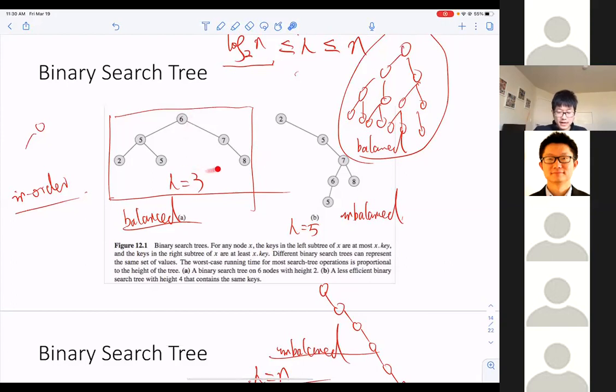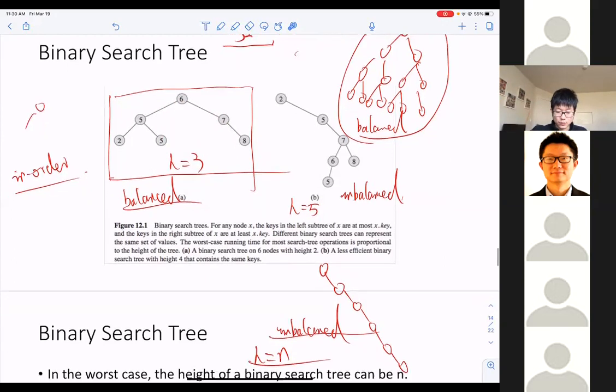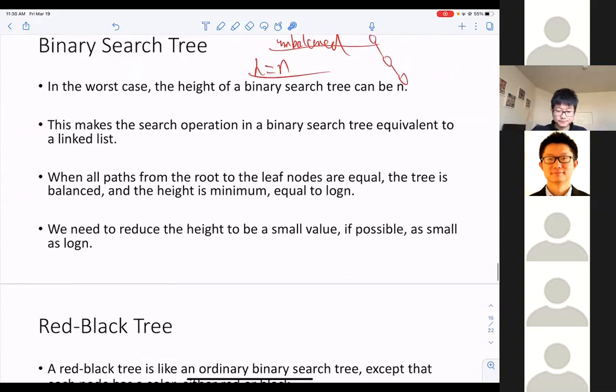So the point is that we want to utilize every space in a tree and make it more balanced, so that we can reduce the height of the tree. This is the point of the binary search tree.